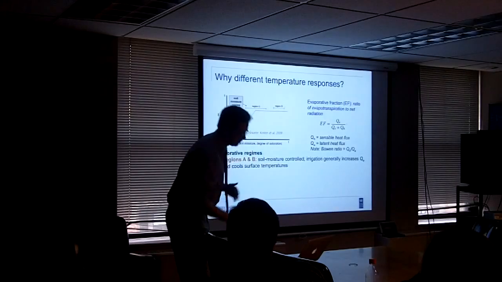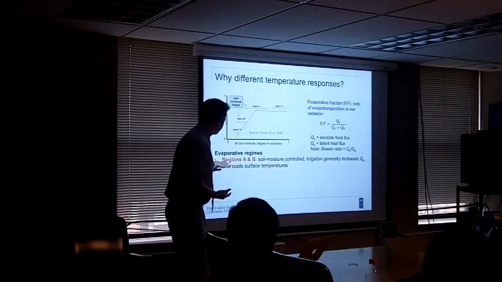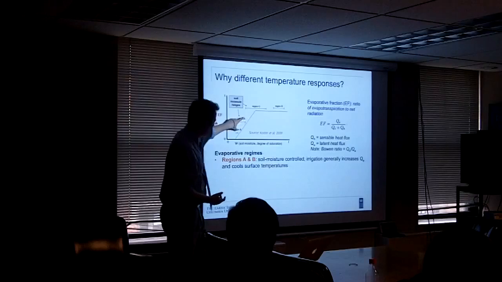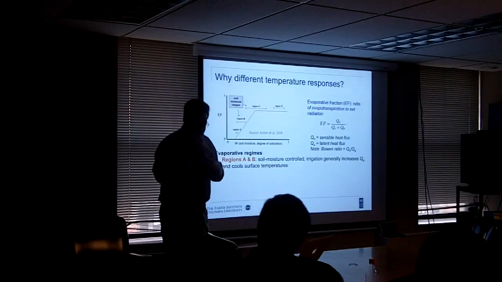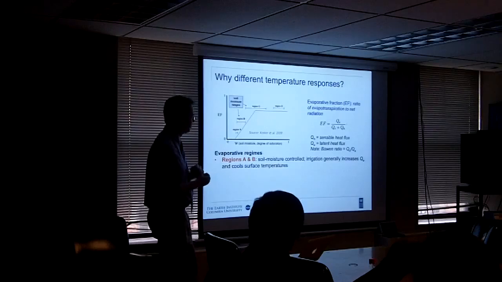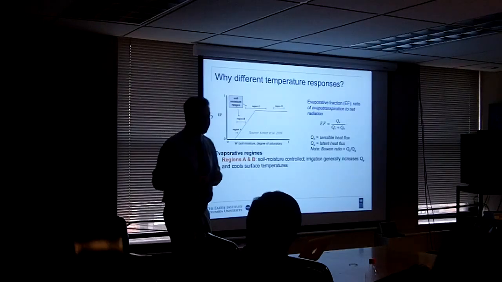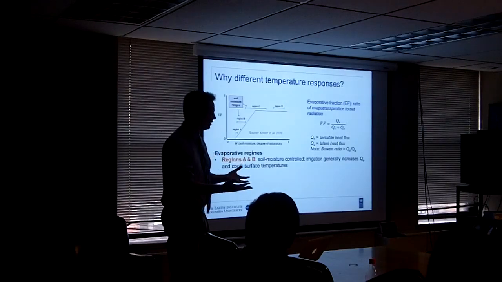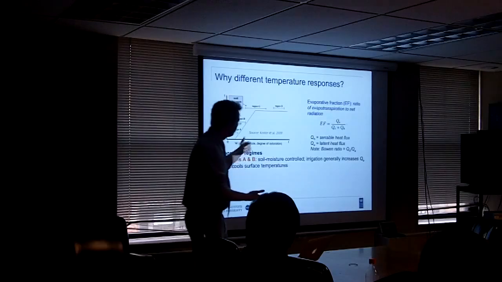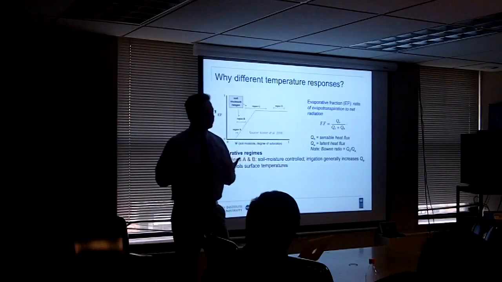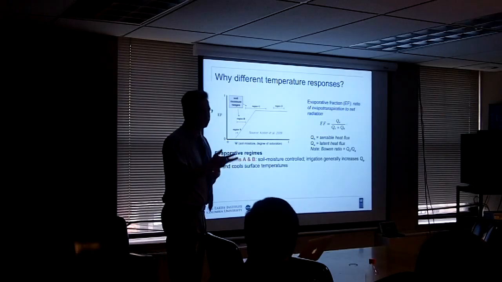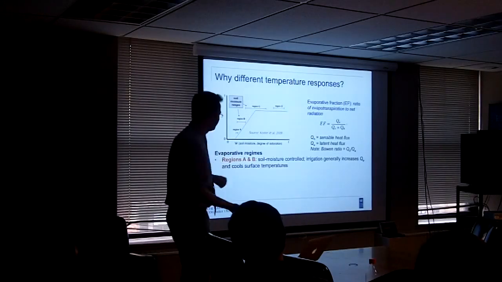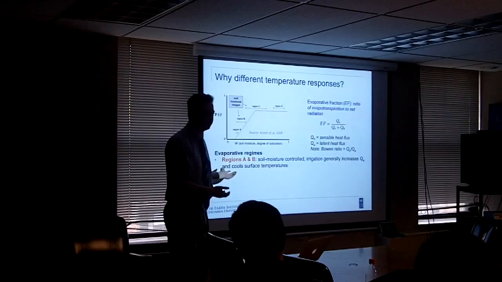So we can think about this in 3 regions. When you're very dry, you're in a soil moisture controlled regime, meaning your evapotranspiration is controlled by soil moisture. So if you add irrigation water to that soil, in that dry regime, you expect your latent heat flux to increase. And if your latent heat flux increases, your sensible heat flux decreases, and you could potentially have cooling of your surface.